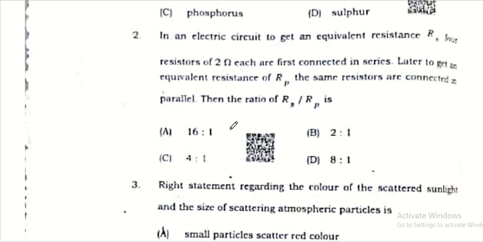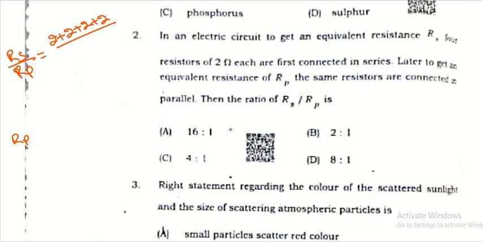Then an electric circuit: to get the equivalent resistance R1, resistors of 2 ohm each are first connected in series. We have to find out RS divided by RP. RS is simply 2 plus 2 plus 2 plus 2, that becomes 8.